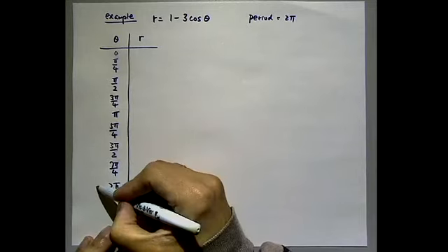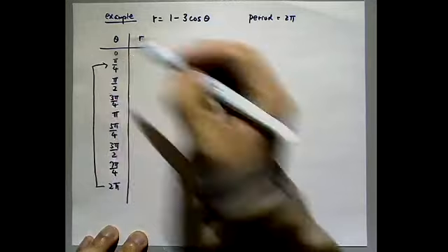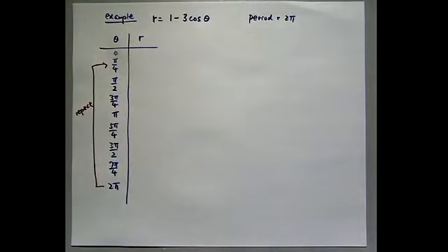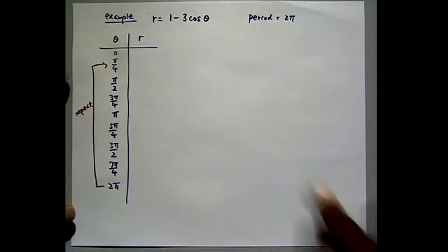Then this will repeat after that. But I'm covering 2 pi already, so these should be enough to get the complete shape. If I want to go more, I can take advantage of that.